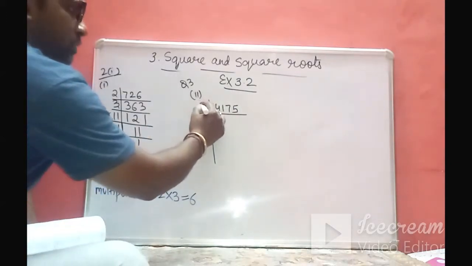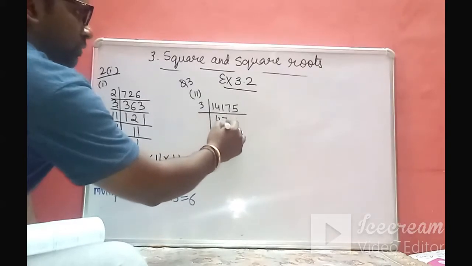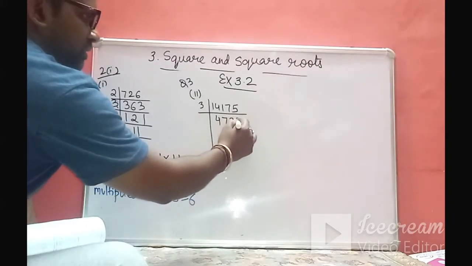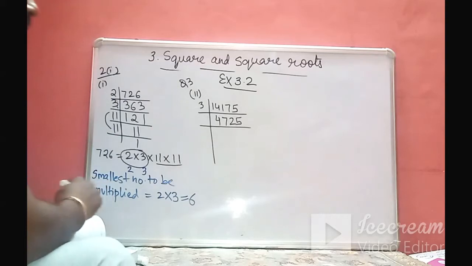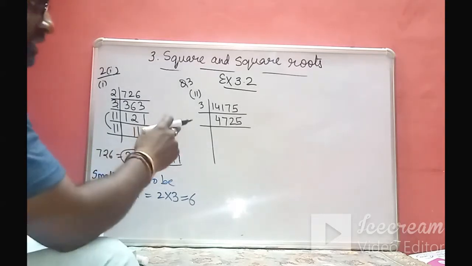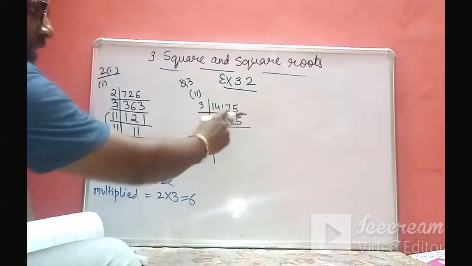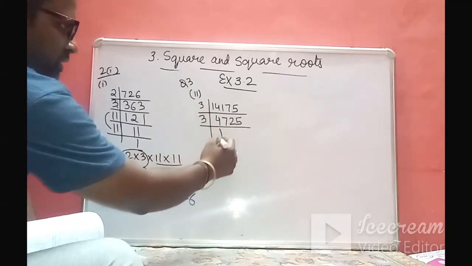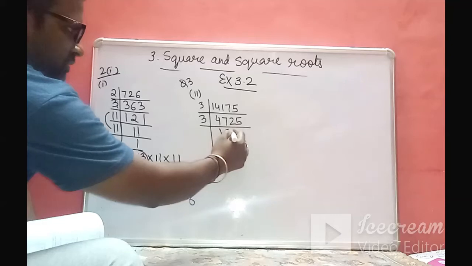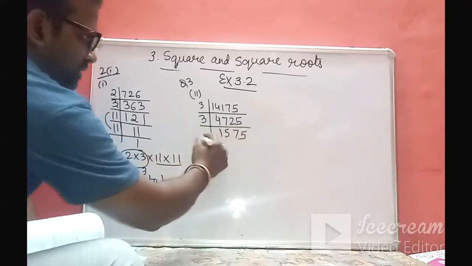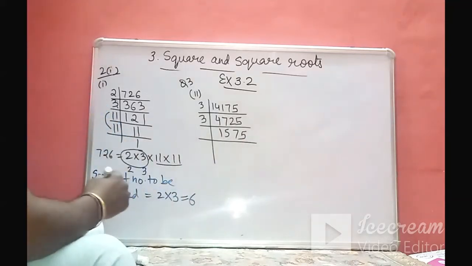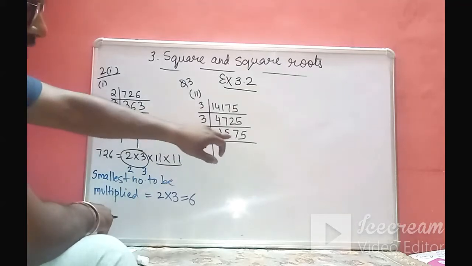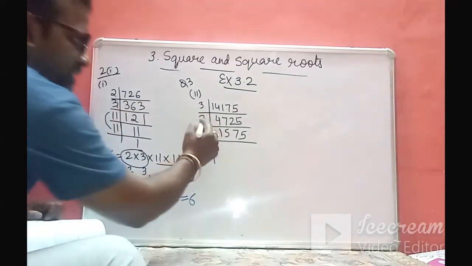3. So we can write 3 into 4725. Then again let's check. 1 and 2, 3, and 5, 18, again it is divisible by 3. So we can write 3 ones are 3, 3 fives are 15, 3 sevens are 21, and 3 fives are 15. Now see 5 and 1, 6 and 7, 13 and 5, 18, again it is divisible by 3.